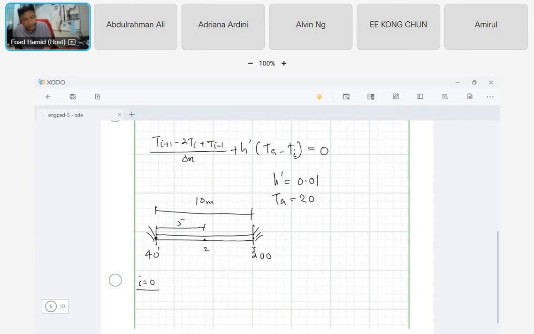So we know that our T1 equals 40, T2 is an unknown, T3 is 200. Note that there is only one unknown here, so we need only one equation in this case.